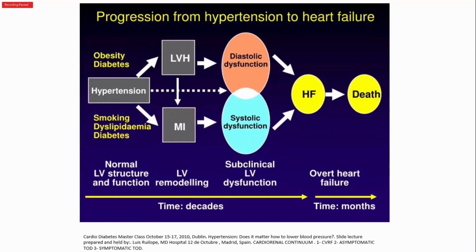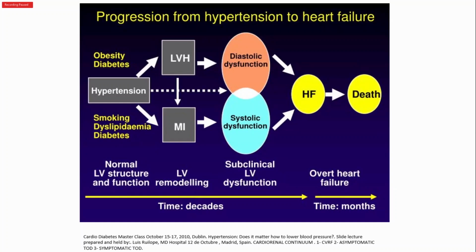So how does the patient progress from hypertension to heart failure? Many times we do not remember that patients who have diabetes, hypertension, their end stage is usually heart failure. So what happens is that a patient who has hypertension, usually they will develop left ventricular hypertrophy.